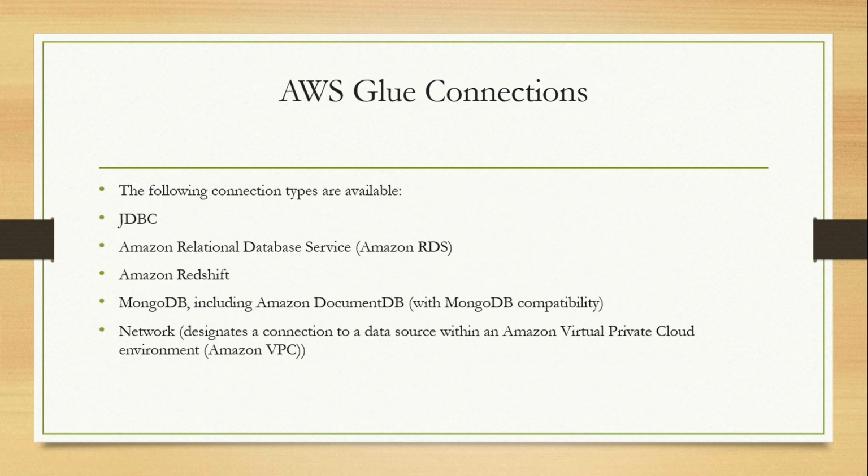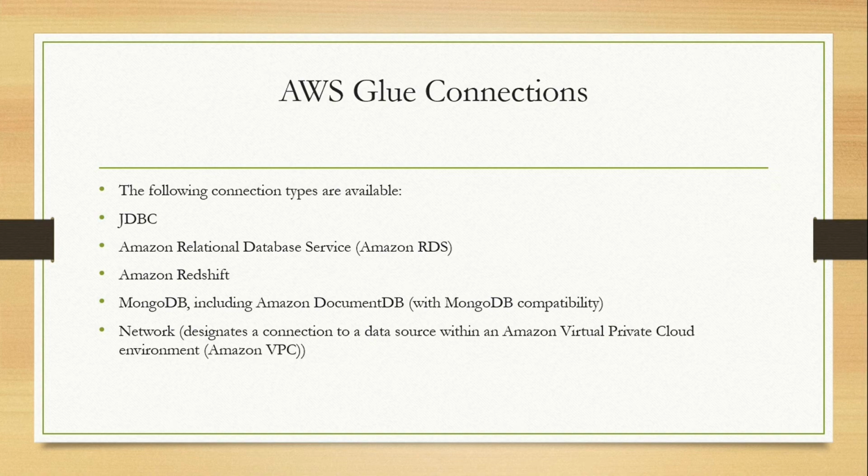Let's go into the AWS Glue connections. You can connect to different sources or destinations. One is a JDBC connection, which you can make to an Oracle system, the Amazon Relational Database Service provided within the AWS environment, or you can connect to Amazon Redshift, MongoDB, including Amazon DocumentDB with MongoDB compatibility.